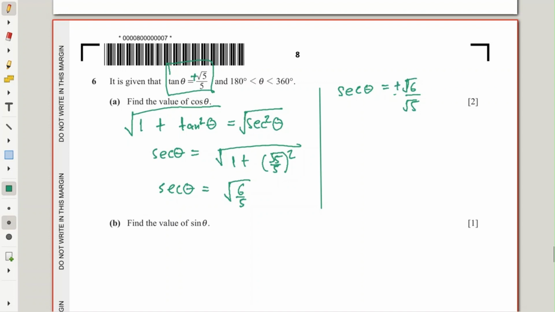But it's going to be plus or minus, right? The value that I will go for will be minus.